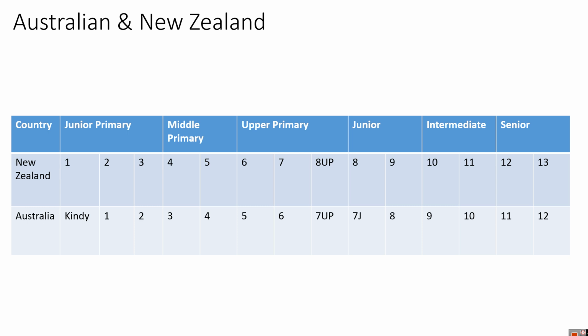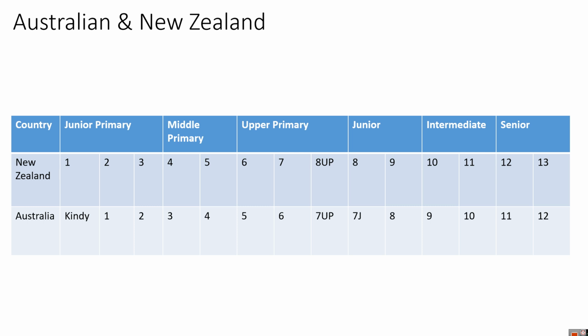Since kids move around and different schools follow either one of the two, they can switch from one school stream into another. So if a student is appearing in 7 upper of Australia, they can opt for junior school 8, or those who are appearing in upper 8 or upper primary of the New Zealand system have to sit in the 7 junior of the Australian system. Those who have qualified in the 7 upper have to sit in the 7th junior.